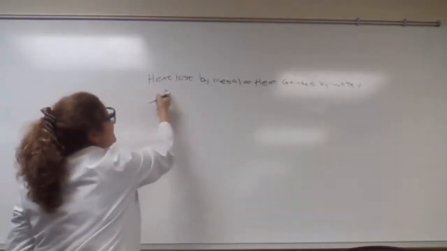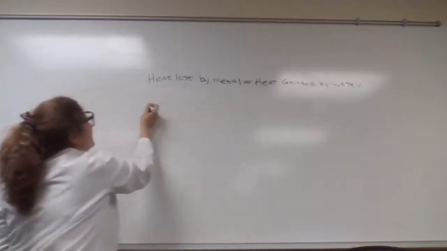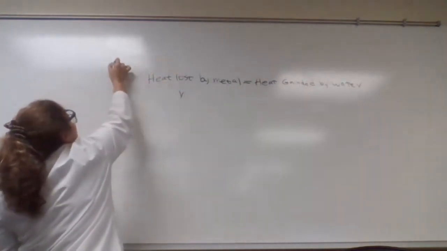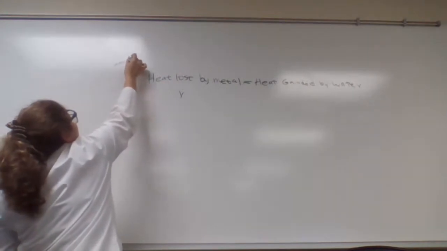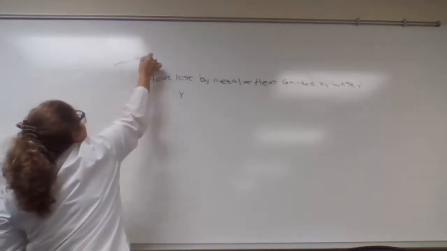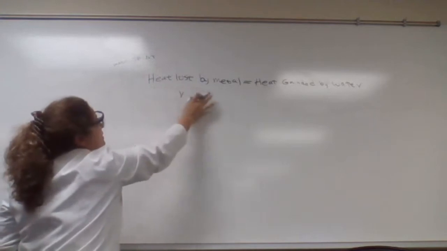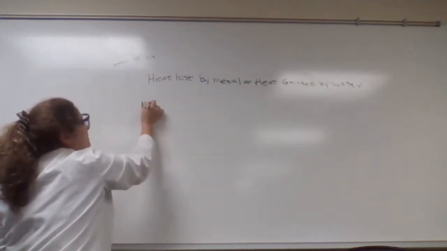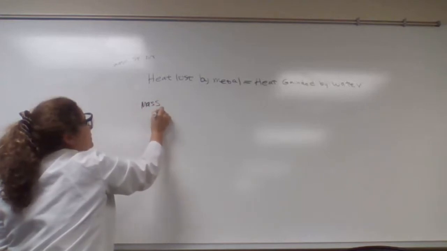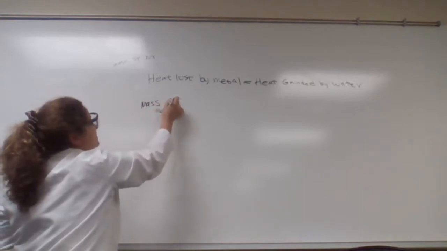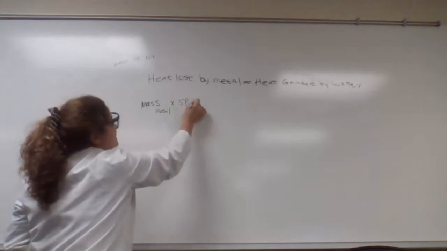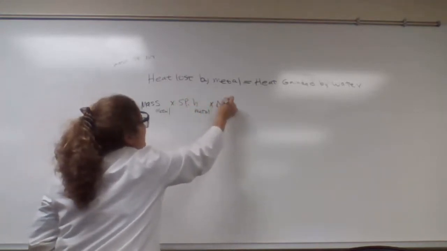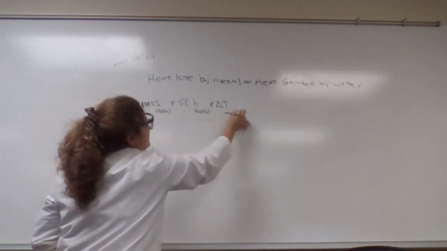So for heat lost by metal, the heat is always mass times specific heat times change in temperature. So heat lost by metal is going to be mass of the metal times a specific heat for metal times change in temperature for metal.